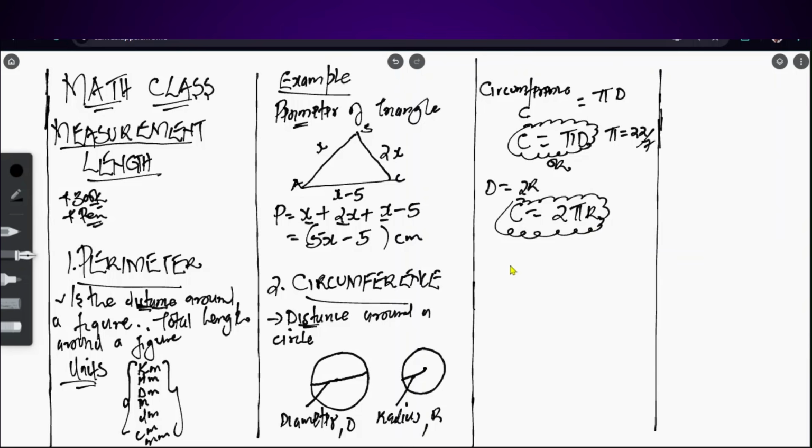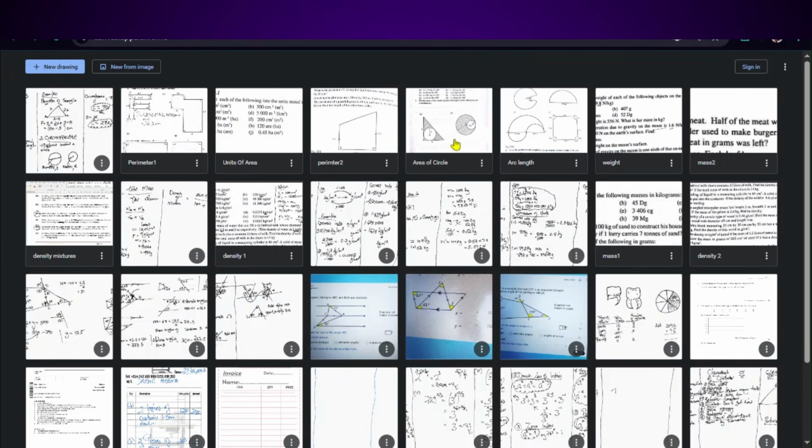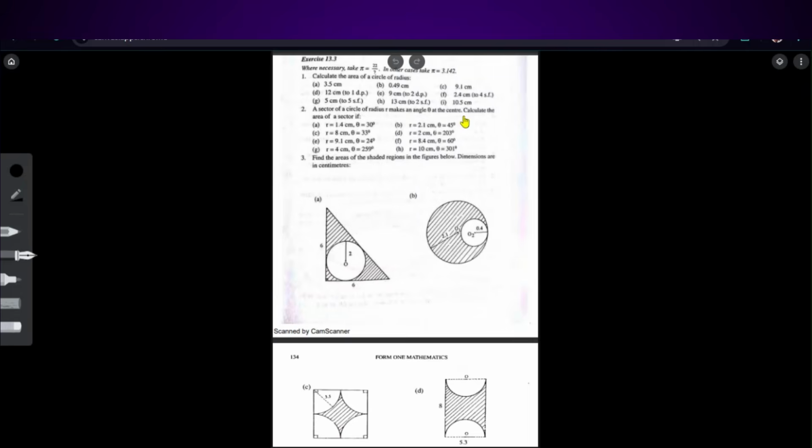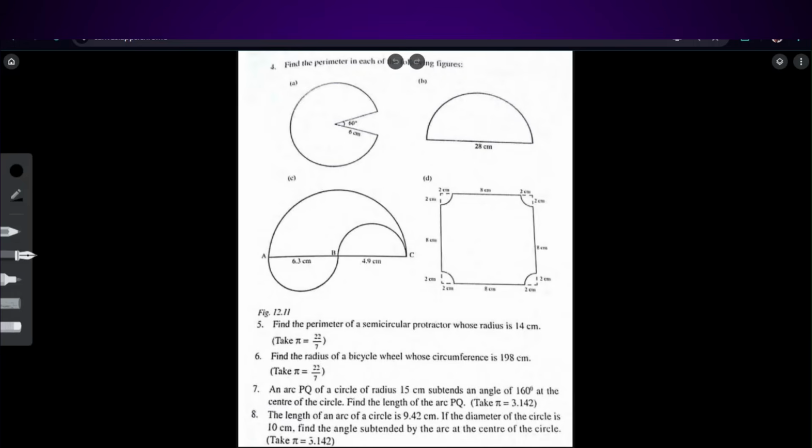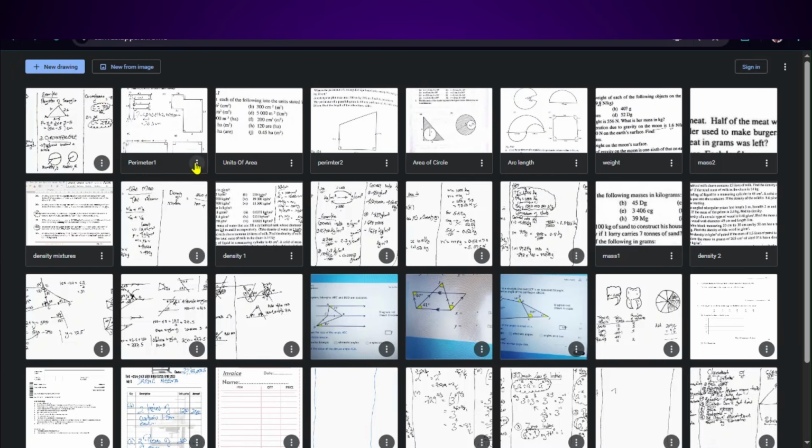Let us have a number of examples here. If I pick an example of perimeter of a circle, let me pick one that is easier for us to relate with.